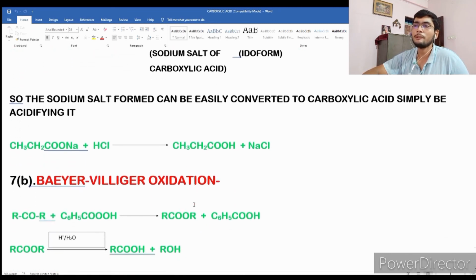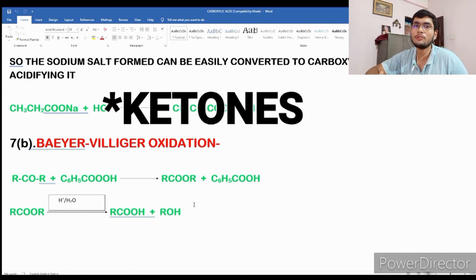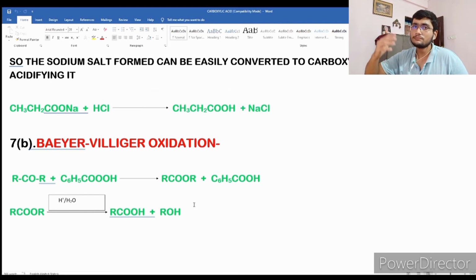Now coming to the last method by which ketones can be converted into carboxylic acid: the Baeyer-Villiger oxidation. It is a named reaction. What we will do here is react ketones with peracids, which are organic peracids. Peracids have an oxygen linkage.